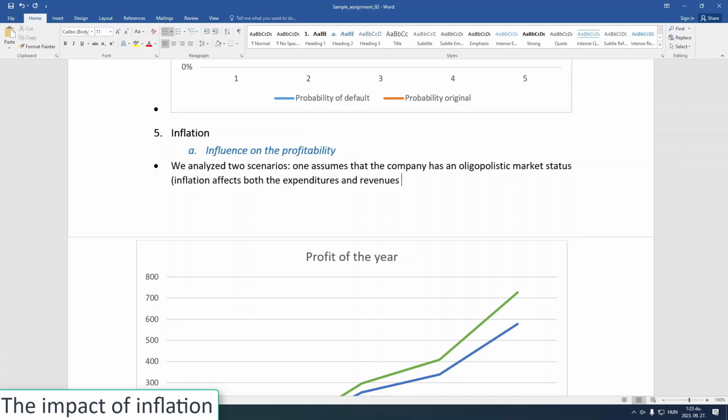Can follow it. Why the other? Assumes a price taker behavior.